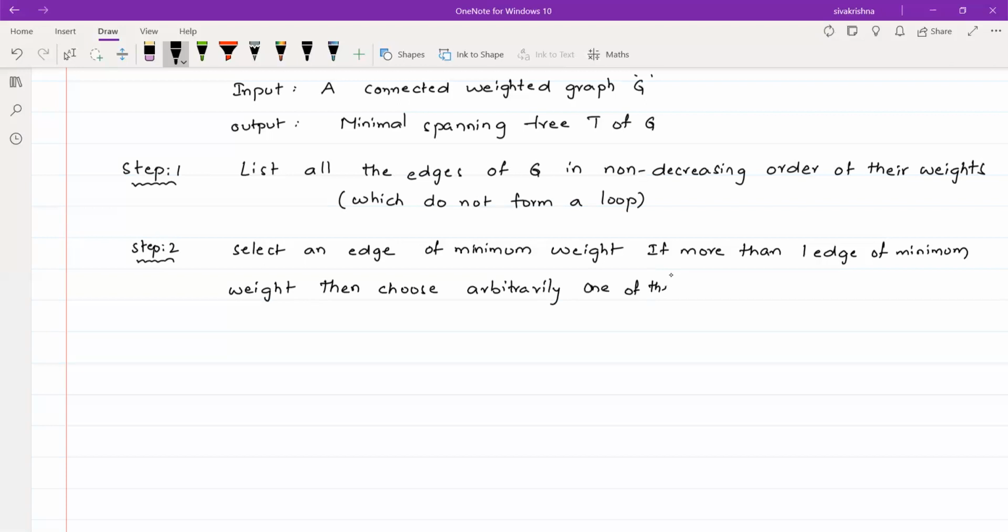It means if we have two edges of weight 1, then we can select any one of the edges. So arbitrarily one of them.